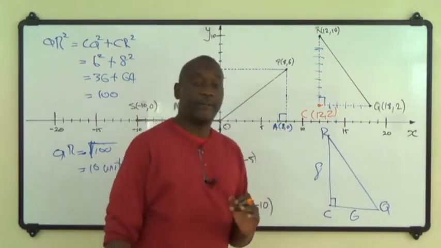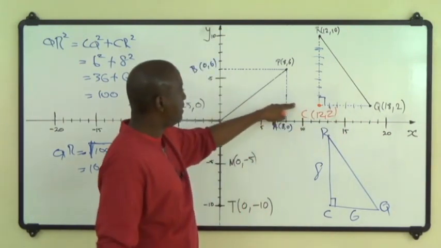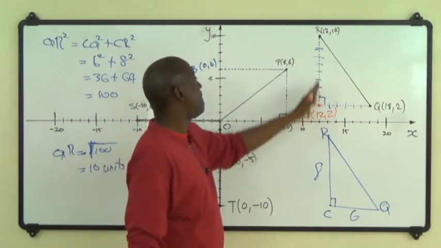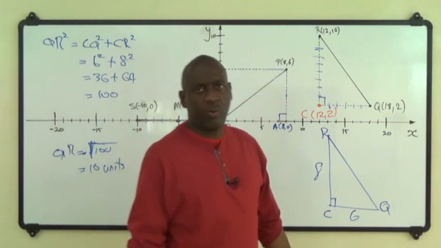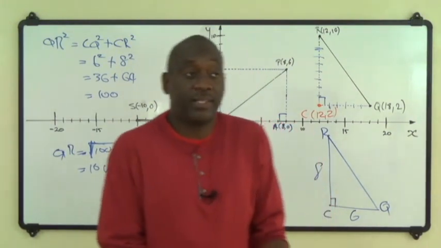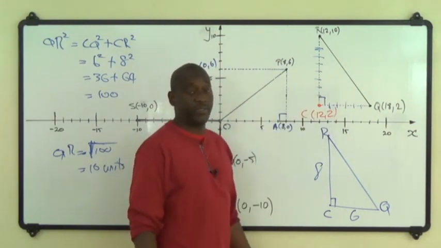You could do that provided that you construct a parallel line here, parallel to the x-axis of course, and a parallel line here, parallel to the y-axis. Now, you don't absolutely have to do that once you have the coordinates of the 2 points.